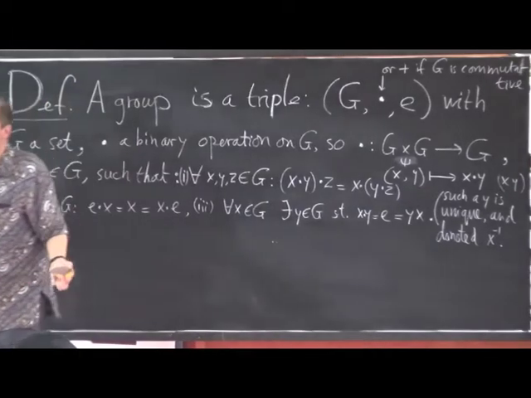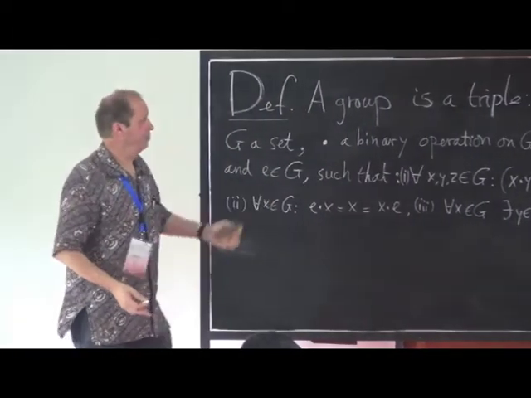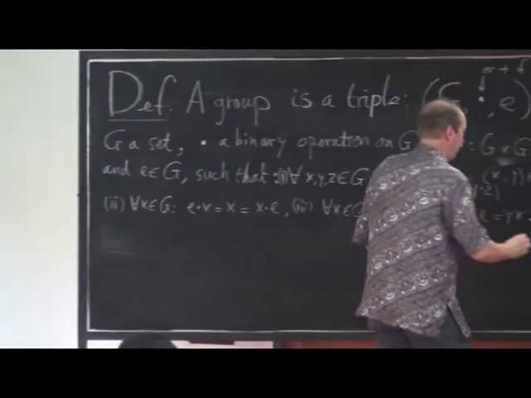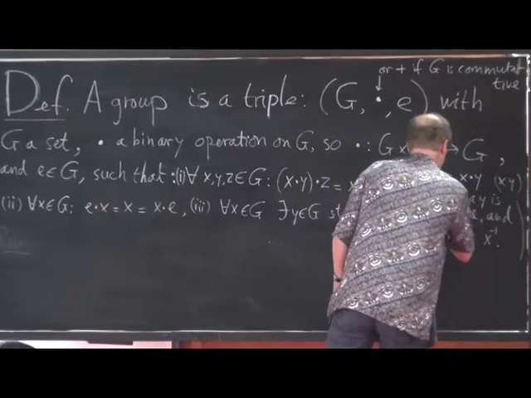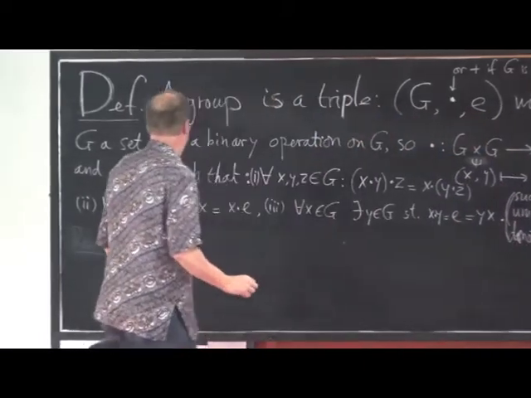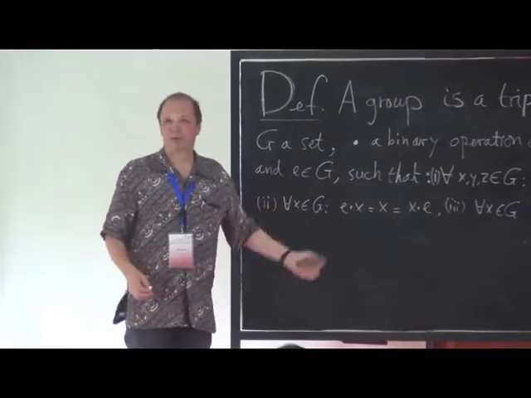If it is unique, then you can give it a name, and we use x inverse for it. Right? And so all the rest of these 2 weeks is about groups.